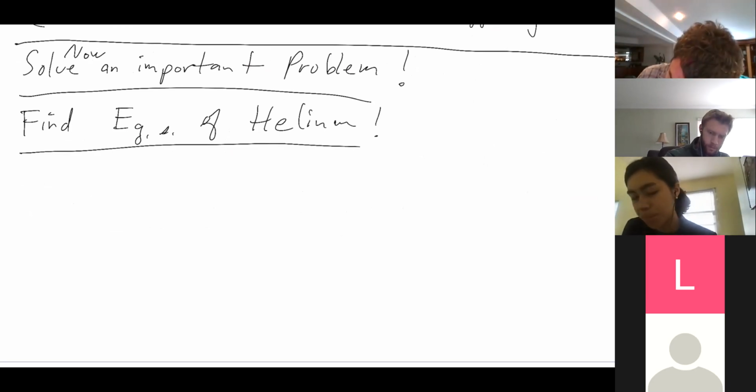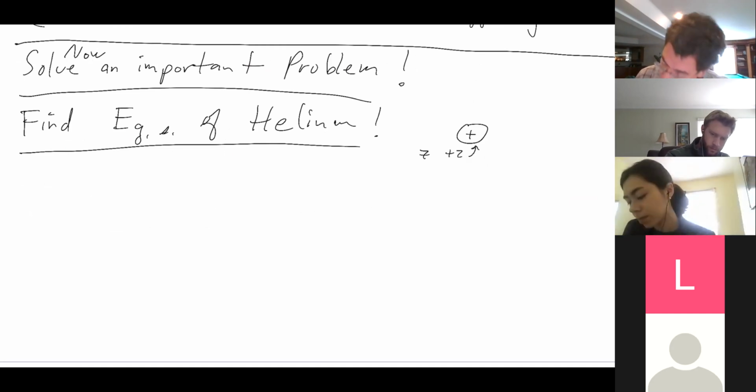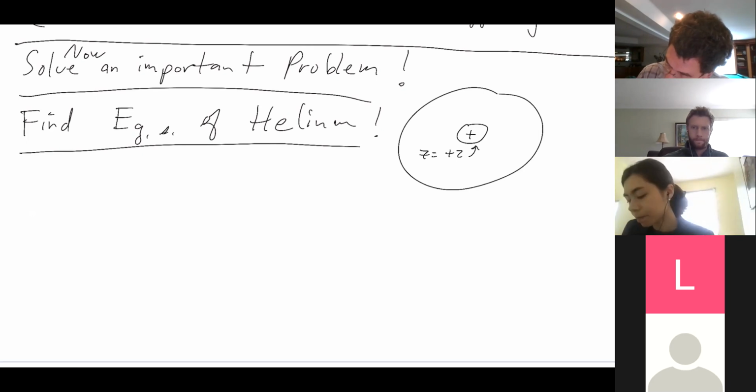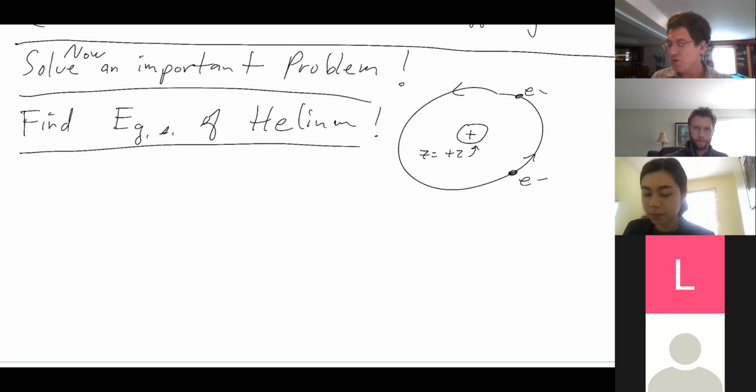So here's helium. This is +2 in the nucleus, and I have 2 electrons going around it. So there are 2 electrons going around a nucleus that has Z = 2. That's helium. Let's find the ground state energy of helium.